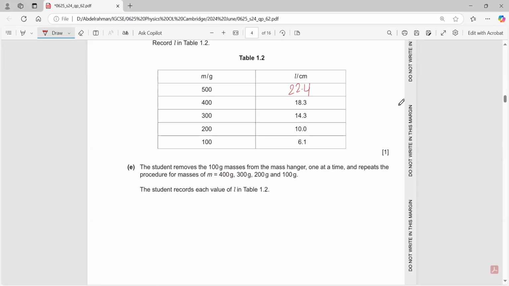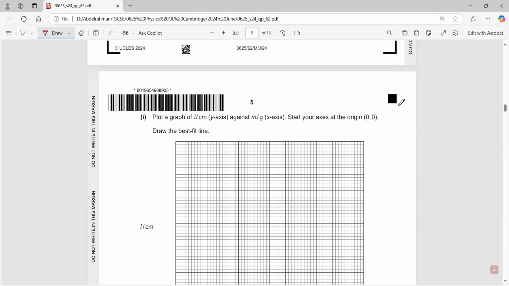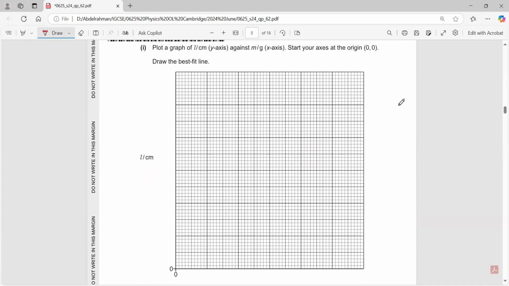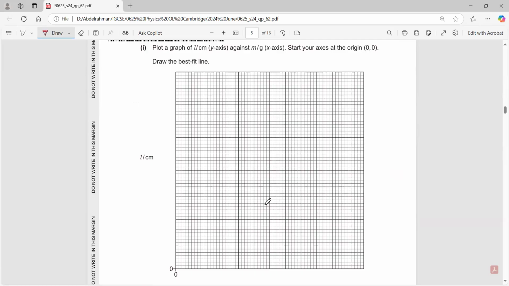The student keeps on removing the 100 gram masses. Plot the graph. Start your axes, and this time the graph is out of 3 only, because he already wrote down the axes, length/centimeters and m/grams.